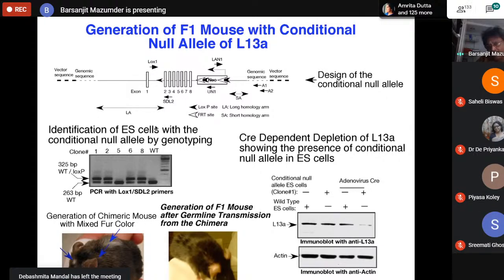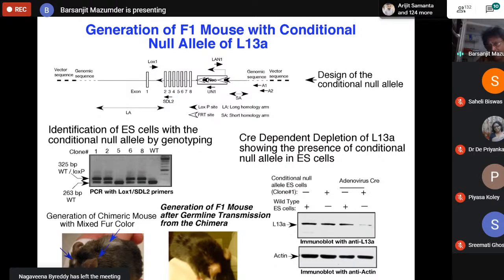Then we identified embryonic stem cells transformed by this construct, and then identified by PCR the ES cell that is harboring the conditional null allele, and then injected that ES cell into the surrogate mother.